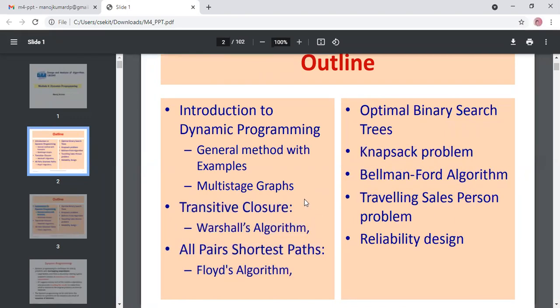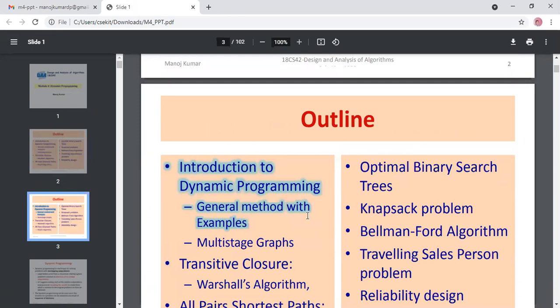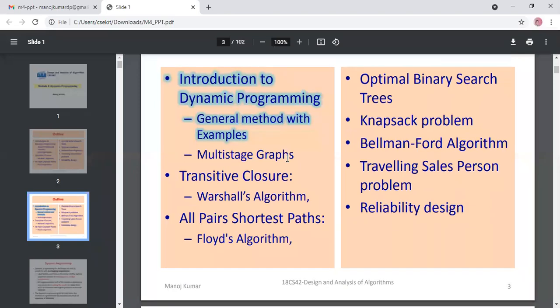Only these concepts are very important from the exam point of view, but it is better to understand all of them, as it will be very useful for our upcoming courses. Coming to today's outline, we are going to discuss the introduction to dynamic programming with general methods and examples.